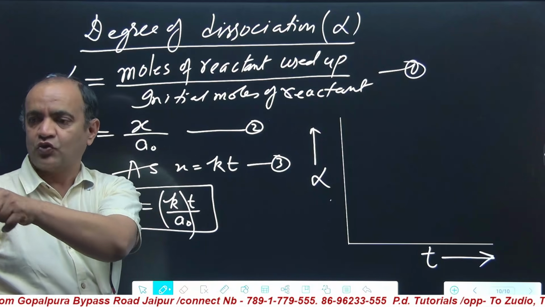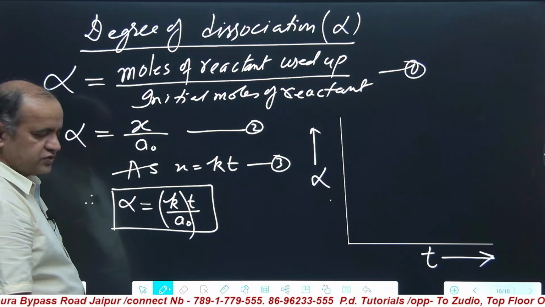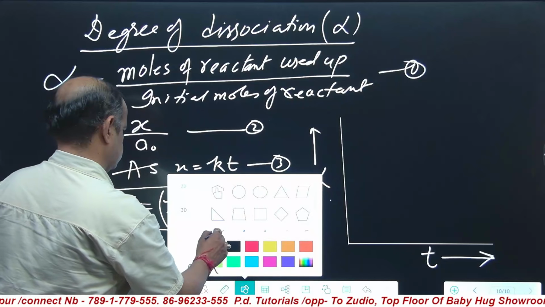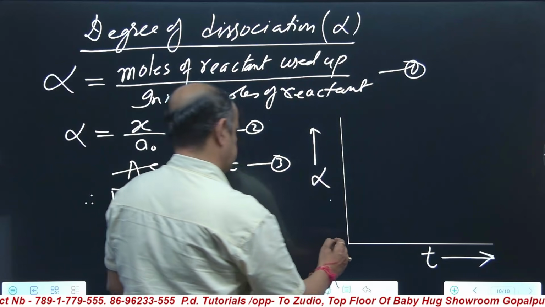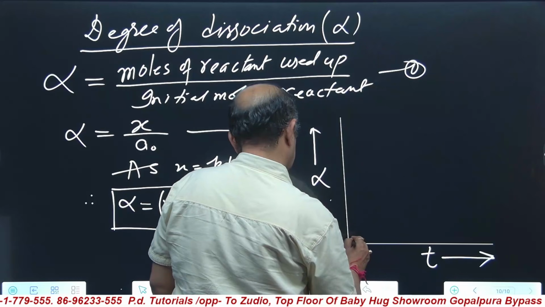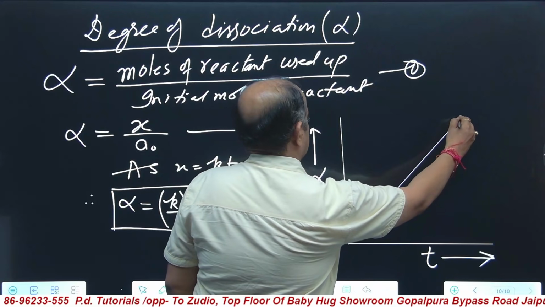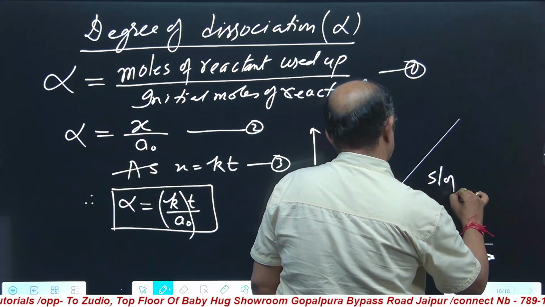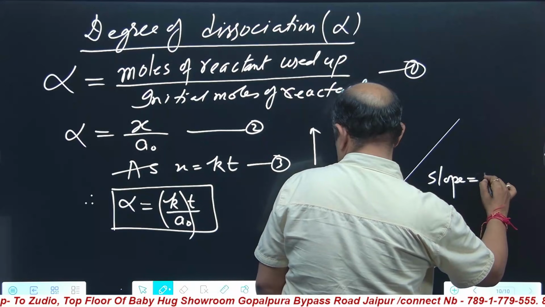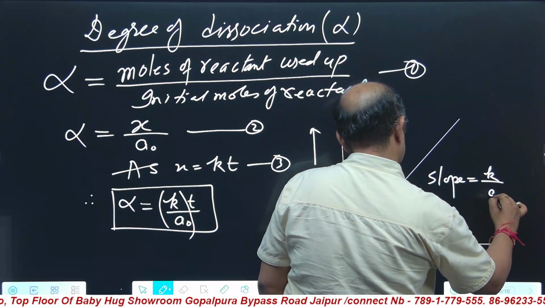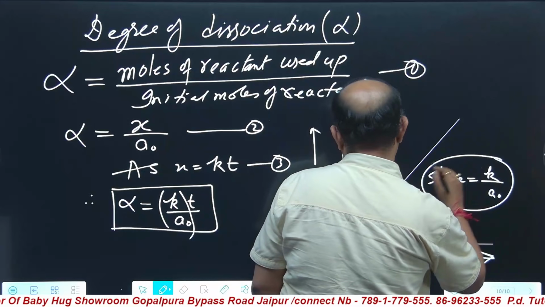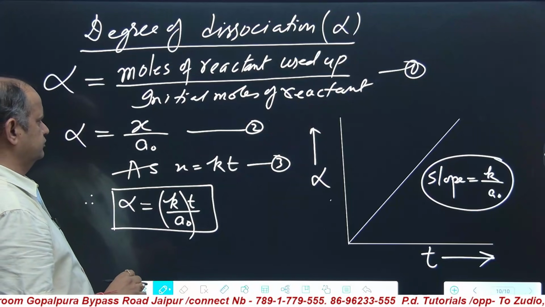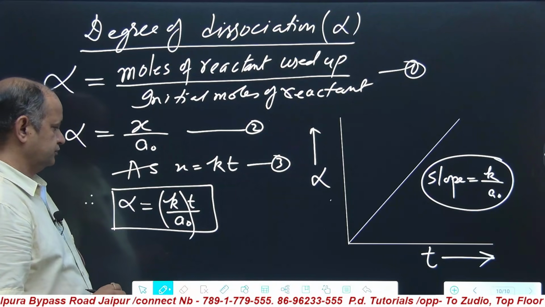It starts from origin. What is its slope? Just copy it.